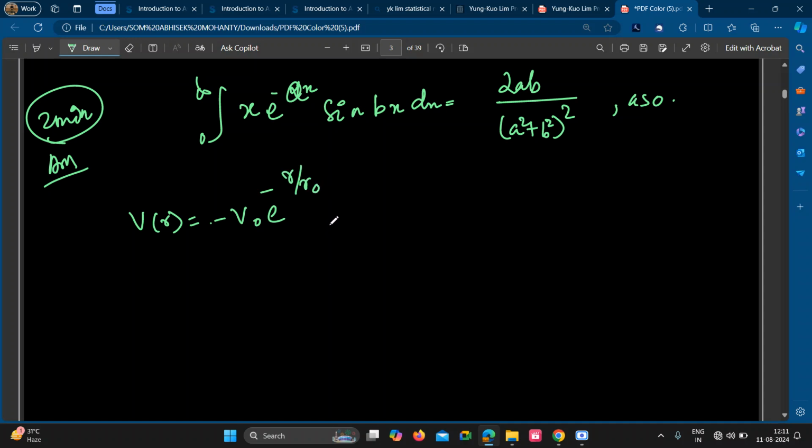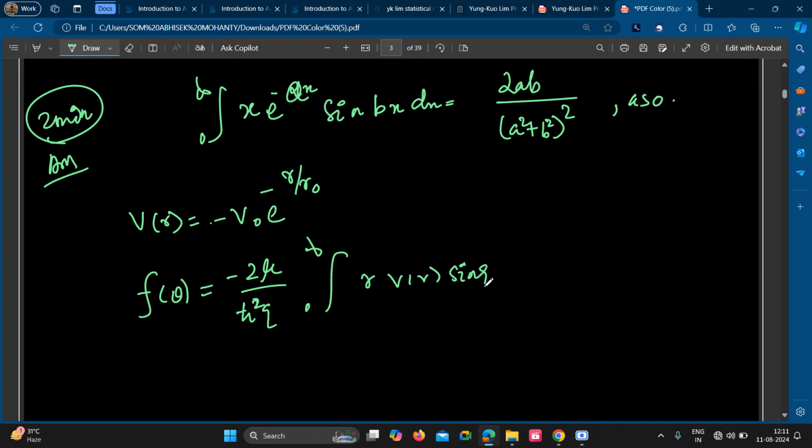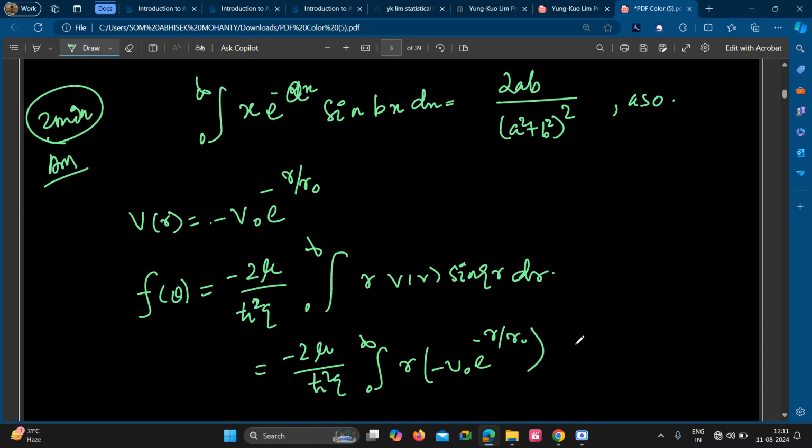Again, this is a central potential, so we'll directly put f of theta is equal to minus 2 mu by h squared q, integral 0 to infinity r V(r) sin qr dr, where V(r) is minus V naught e to the power minus r by r naught.